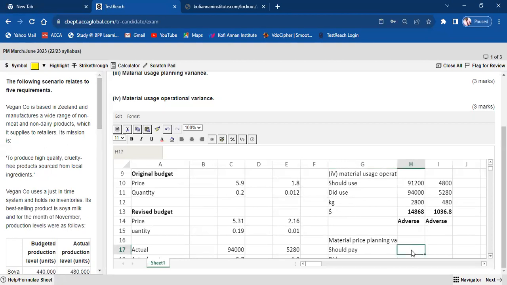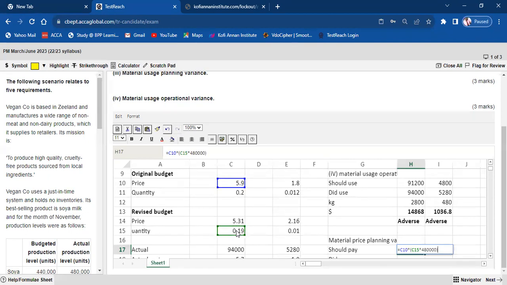Soy milk, we should have paid a price of $5.9 for each one of the quantities we used. And when we say quantities we used, revised is actual. We actually use 0.19 kilograms to produce each one of the 480,000 units.